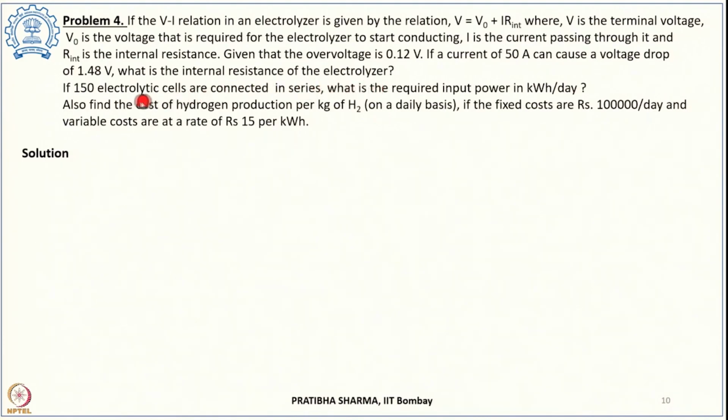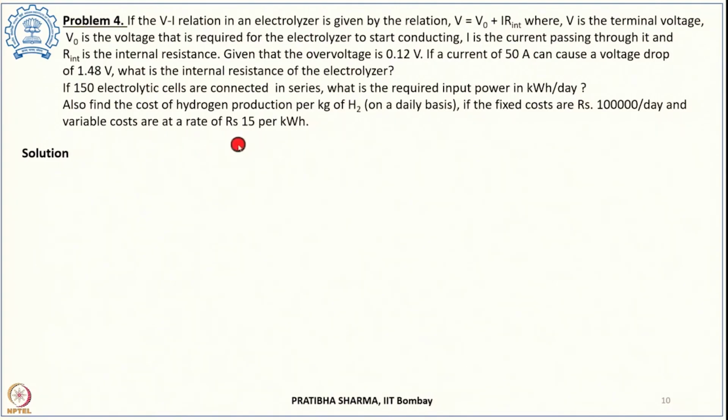Also, if a stack is made by connecting 150 electrolytic cells in series, what will be the required input power, and that we have to express in kilowatt hour per day. So, the input power required to run the electrolyzer, and also we have to find out the cost of hydrogen produced per kg on a per day basis, given that the fixed cost associated with the electrolyzer is 1 lakh rupees per day and the variable cost is to be calculated considering the rate of 15 rupees per kilowatt hour.